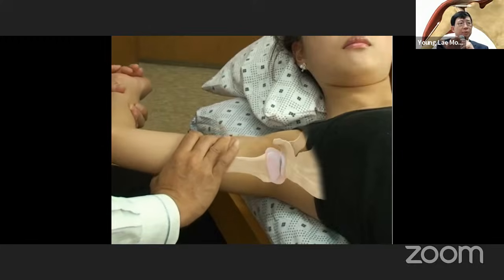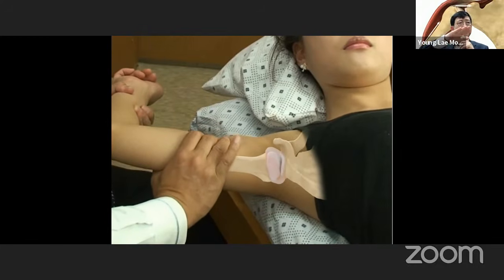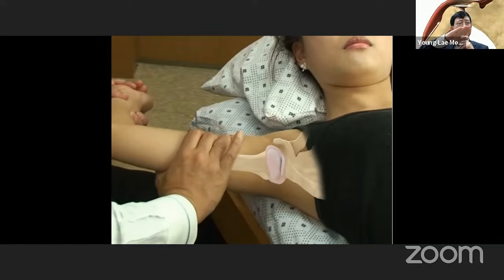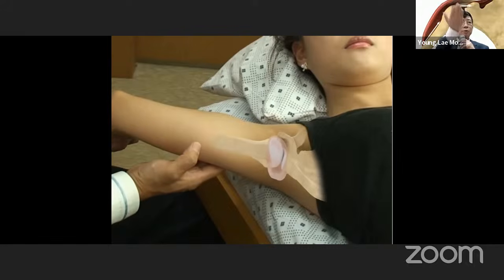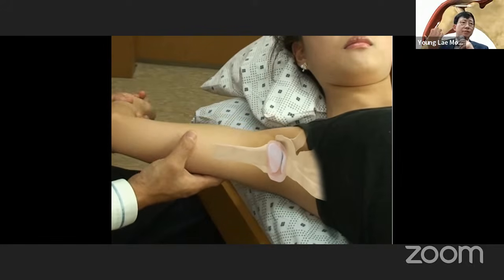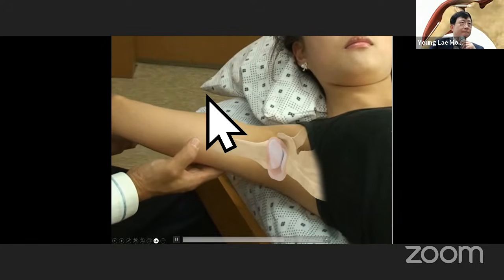If we push down, the patient feels comfortable. If we try to raise up the patient's arm in a front way, the patient feels discomfort or apprehension or pain.